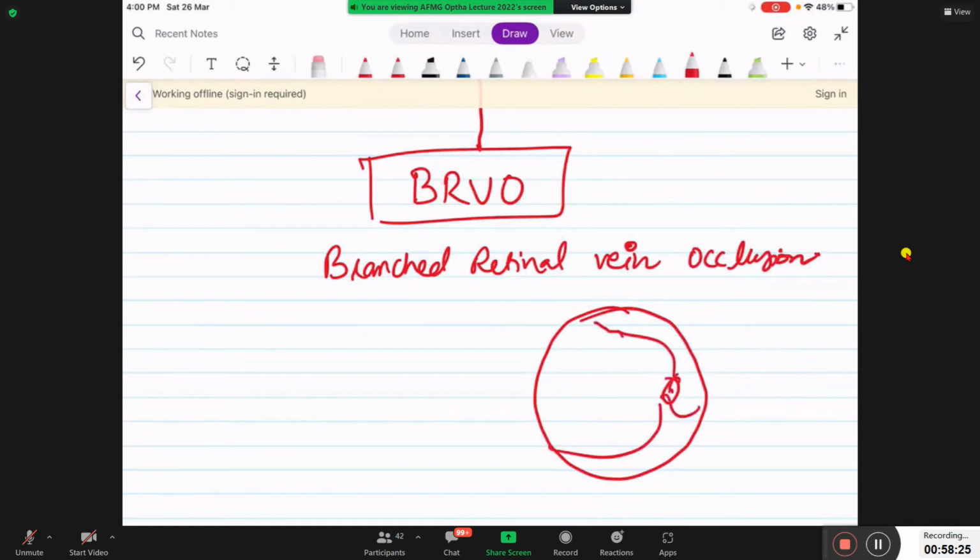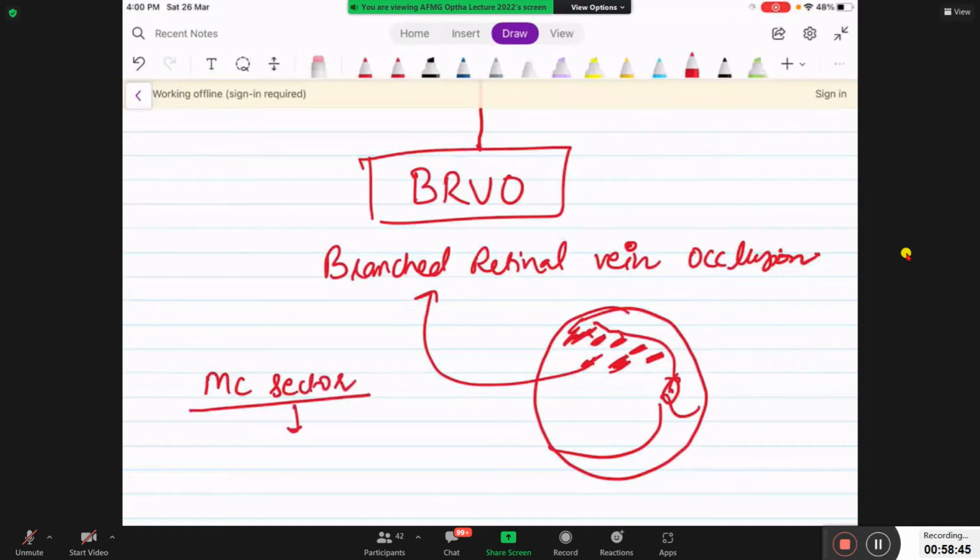Now suppose only one branch is getting occluded and you see hemorrhages in only one quadrant. Then your diagnosis is BRVO. And the most common sector which is involved in BRVO is the superotemporal quadrant.